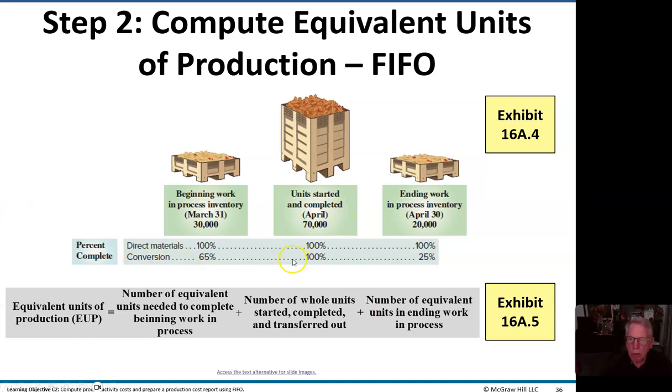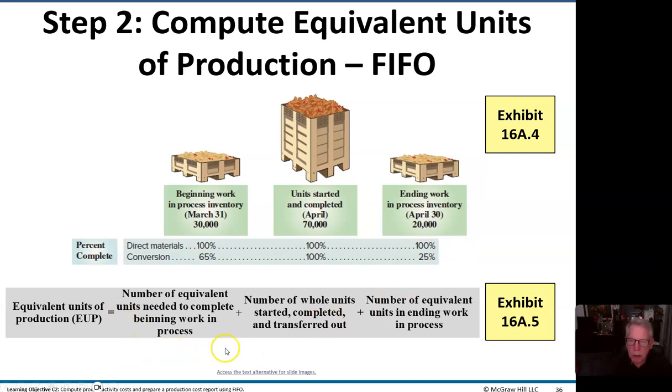Now, we look at our percent complete. Our beginning work in process was 100% complete with respect to direct materials, here and here. And conversion costs were 65% complete in beginning work in process, 100% that was completed during the period, and then our ending work in process was 25%.